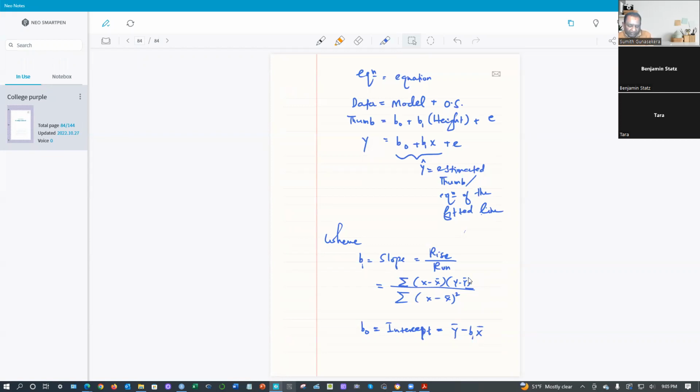Then b1, that's the slope, positive. But in R you can easily get this by running lm.